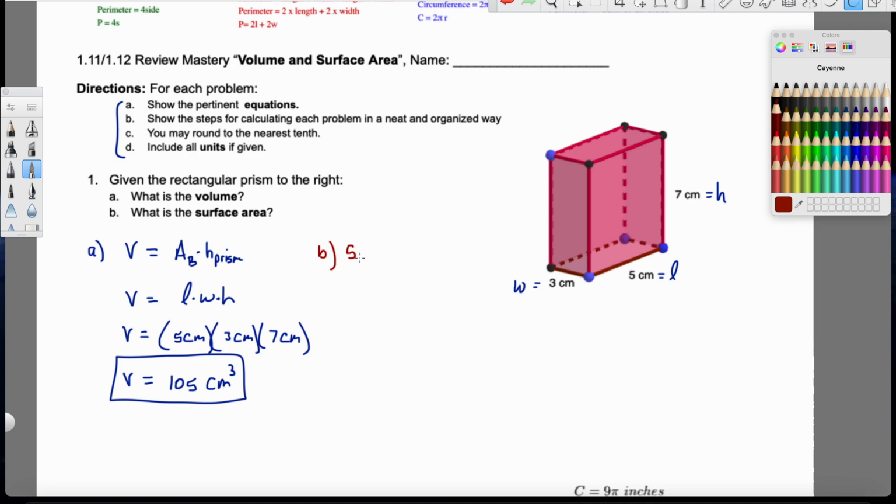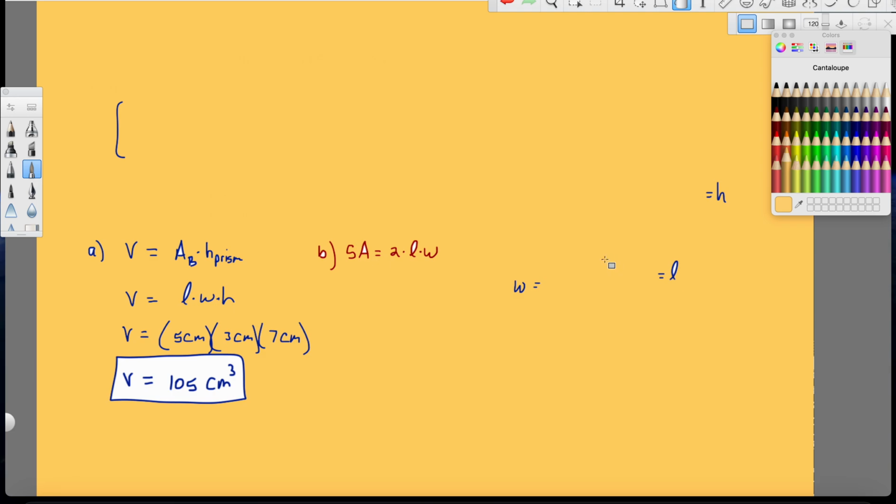So surface area, I'm going to call this SA, for a rectangular prism is the area of all 6 sides added together. So we have 2 length times width areas.